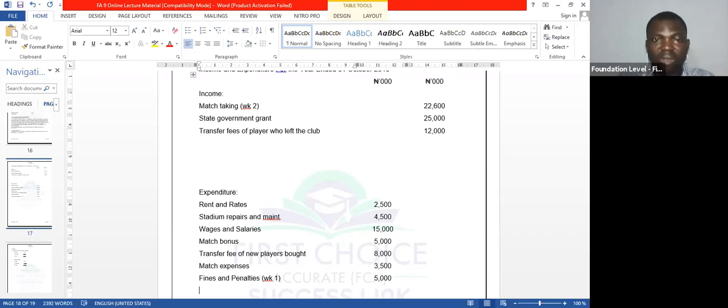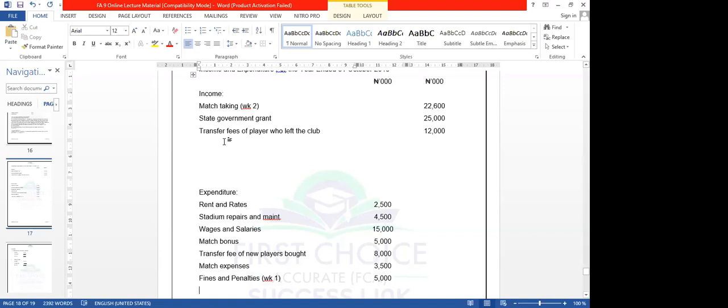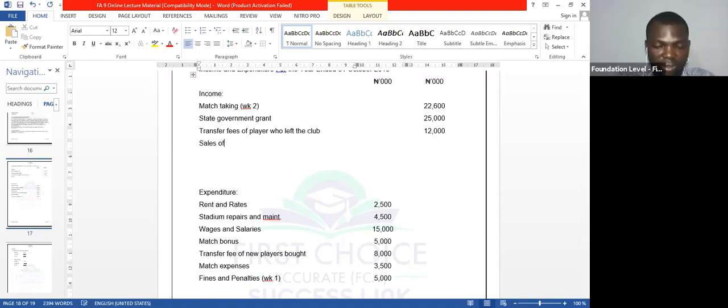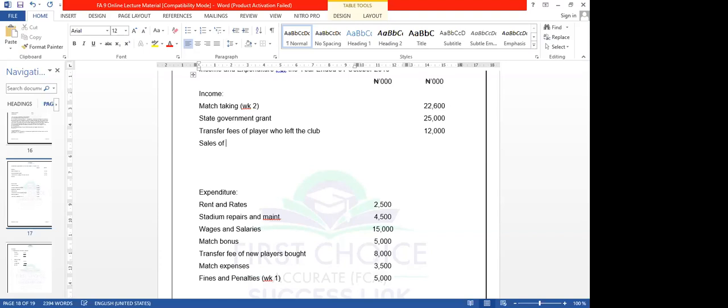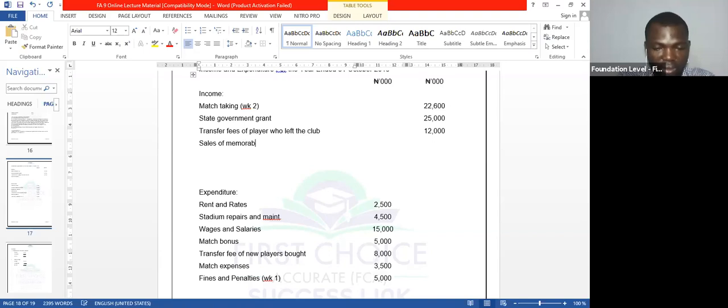So that's an income, a flow to the club, sales of memorabilia. What is the figure there? The figure there is 900. So we have that to be 900.